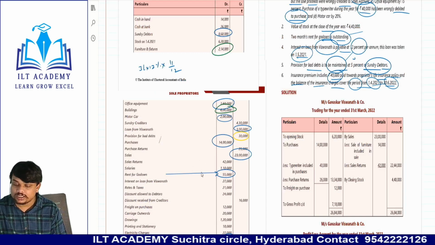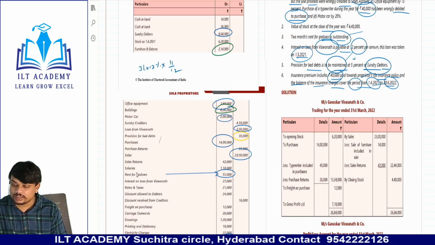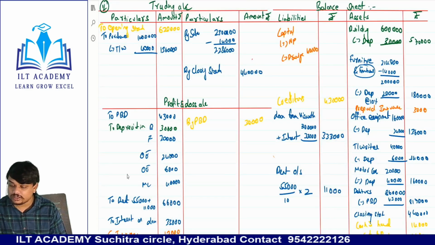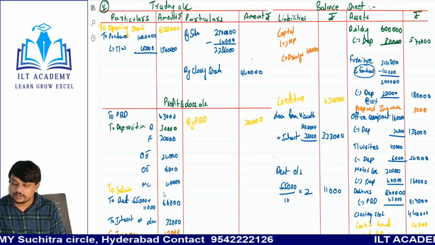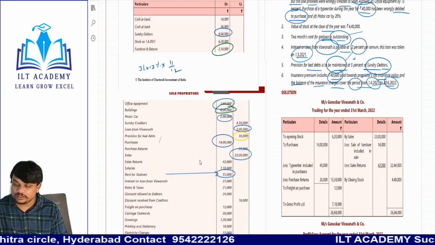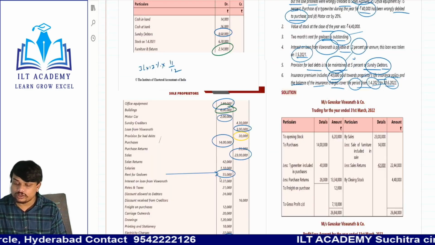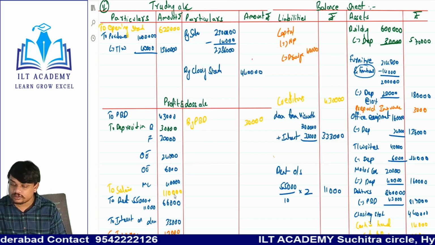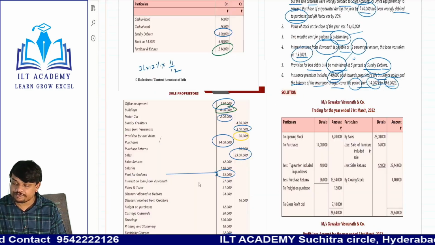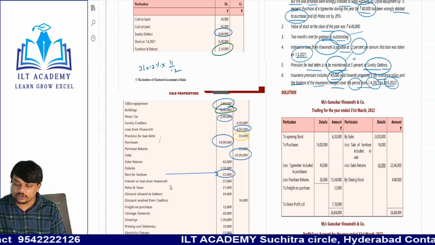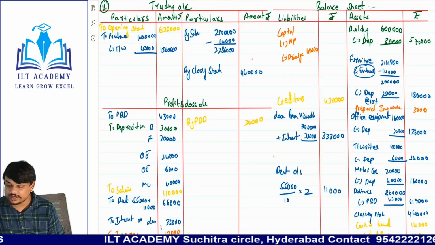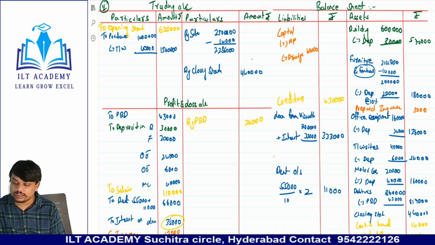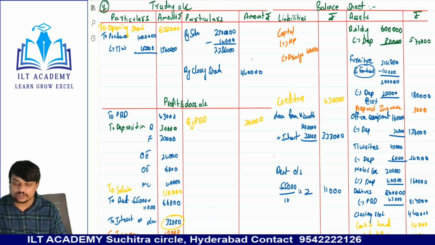Sales returns done. Salaries 1,10,000. Next, rent for godown done. Interest on loan from Vishwanath 27,000. Oh, already interest is given as 27,000. So that is 33,000 we have taken. 6,000 is outstanding.